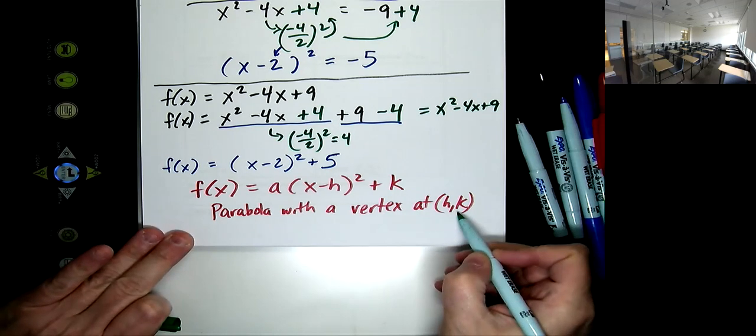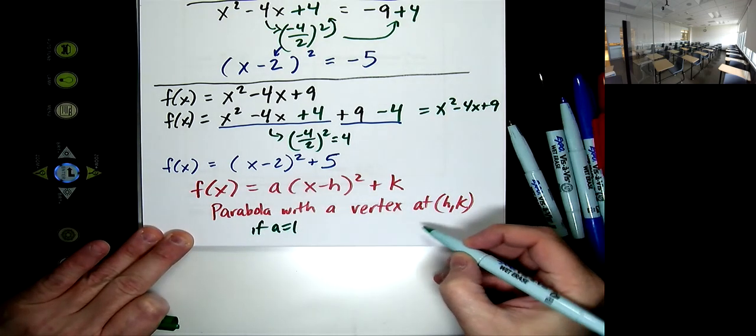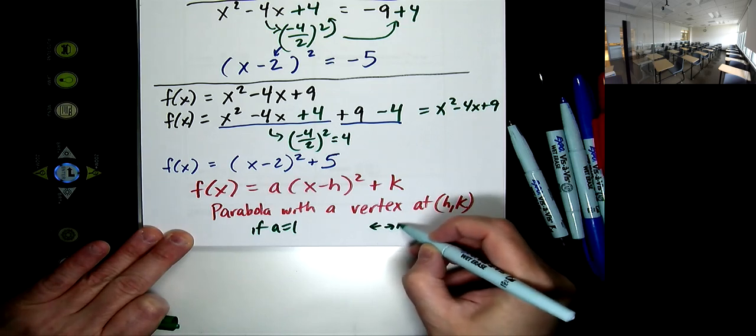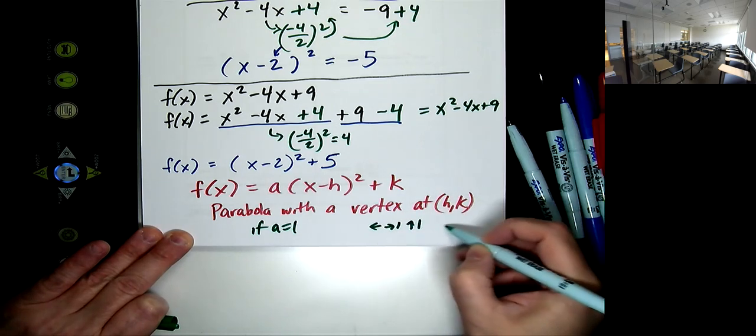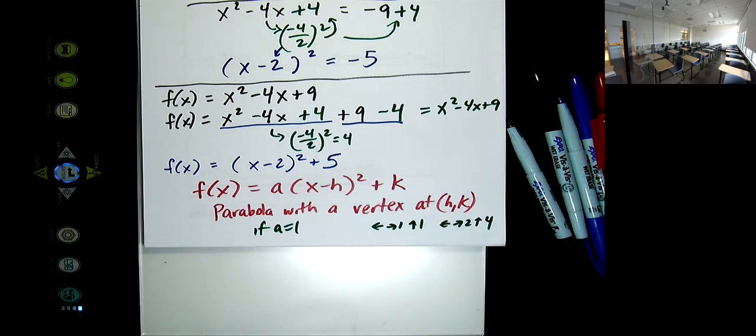From here, if a equals 1, we're doing left or right 1, up 1, left or right 2, up 4. That pattern we had with parabolas.